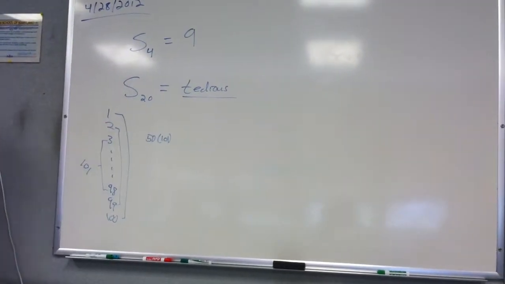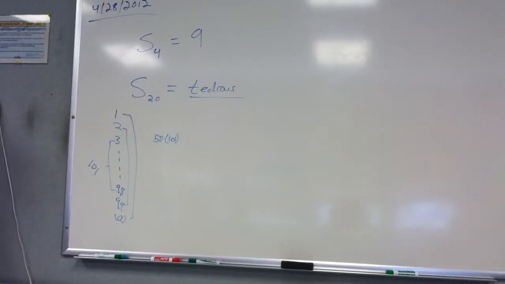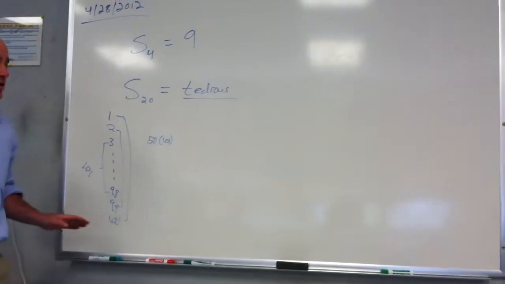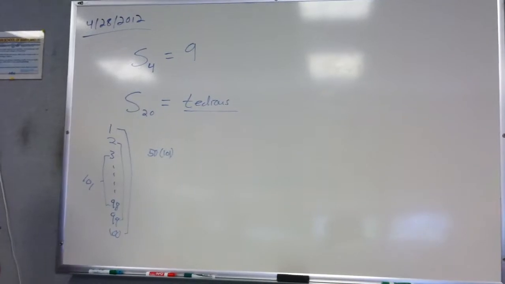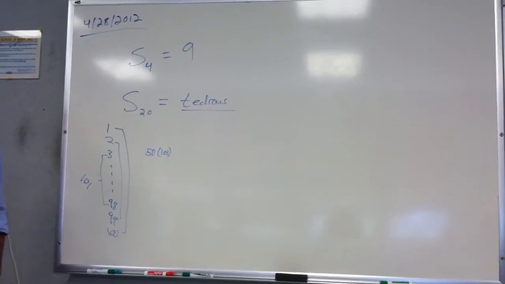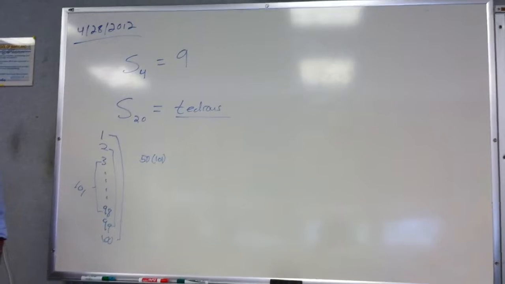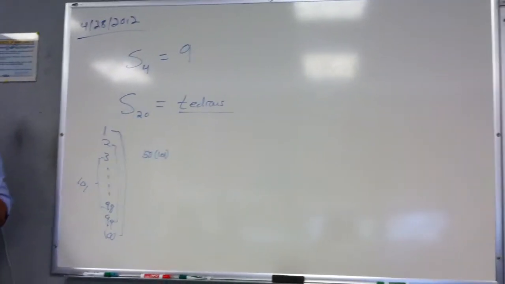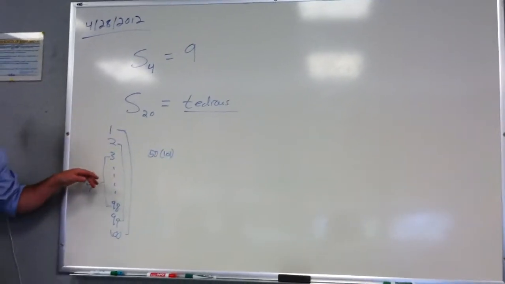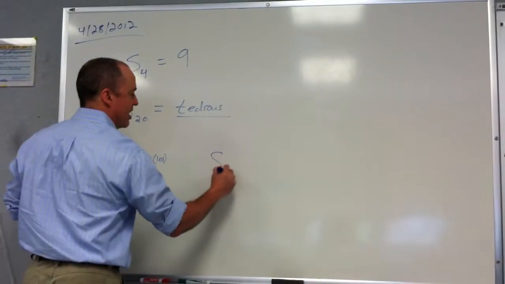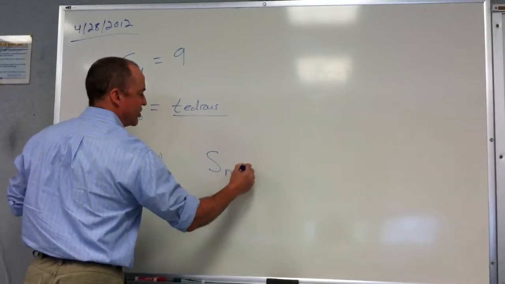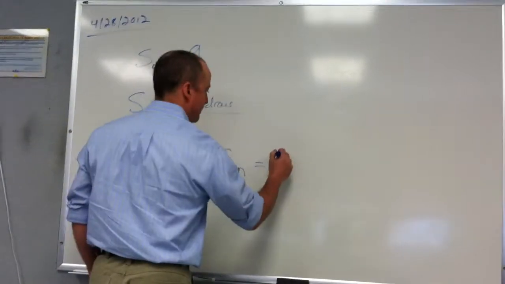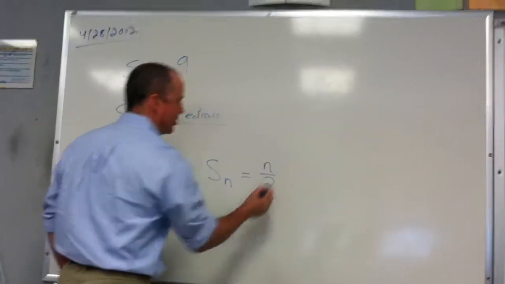You will be shocked to hear that little Carl Friedrich Gauss, who supposedly by legend came up with this at 10 years old in his little schoolhouse in Germany, went on to do a lot of work in number theory. And he went on to invent a lot of what I'm teaching you today, including this formula, which is if you know you're looking at an arithmetic sequence, numbers that go up by the same amount each time, then the sum of the first n terms, however many terms there are, is n over 2.